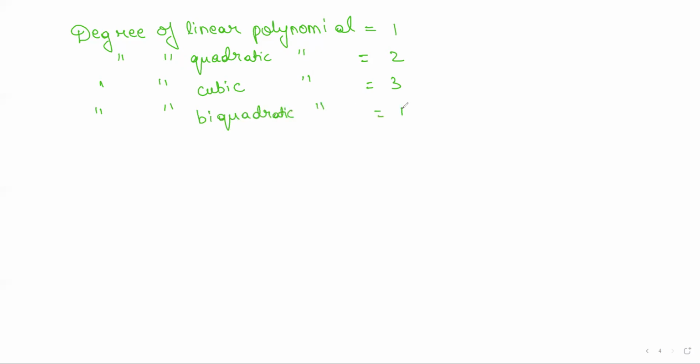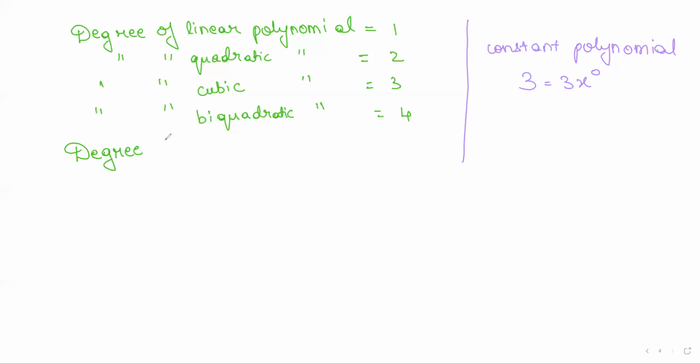Now there's also another type of polynomial called a constant polynomial. Instead of those expressions in variable x, if you have a single constant value, 3, it can also be called a polynomial. Why? Because we can express 3 as 3 into x to the power 0. Obviously, for a constant polynomial, your degree will be 0. So you can even include this degree. DEG is the short form for degree, but it is not supposed to be used in the theory part.